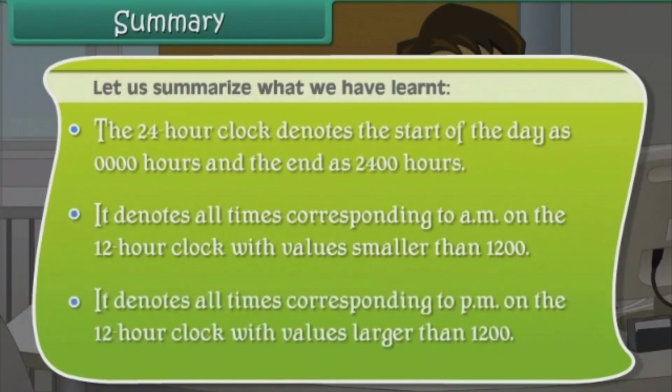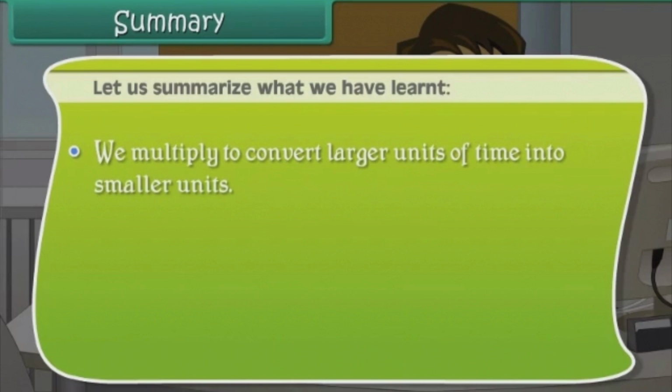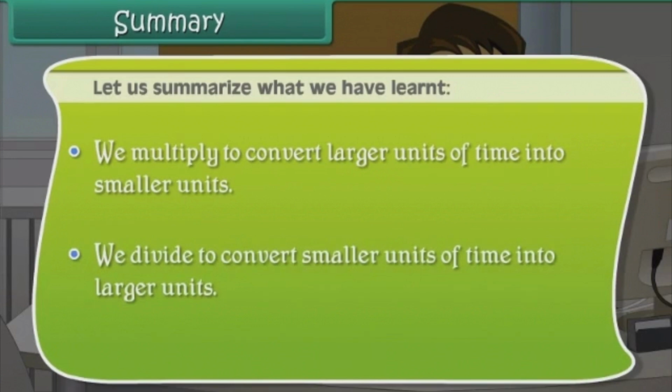It denotes all times corresponding to PM on the 12-hour clock with values larger than 1200. We multiply to convert larger units of time into smaller units. We divide to convert smaller units of time into larger units.